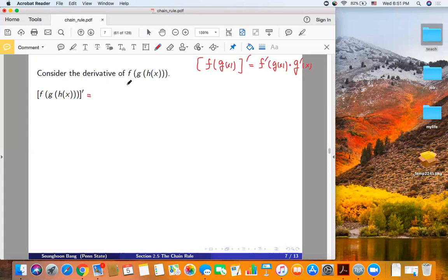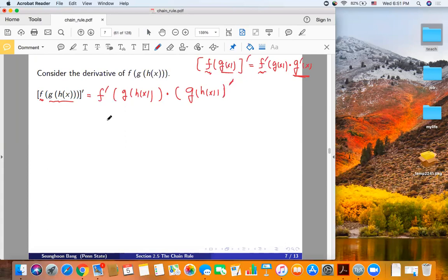So this is the next one. F is the outer function, so we have the outer function prime of the inner function. What is the inner function? The inner function is another composite function, g of h of x. So like this, times the inner function prime. The inner function is exactly g of h of x.